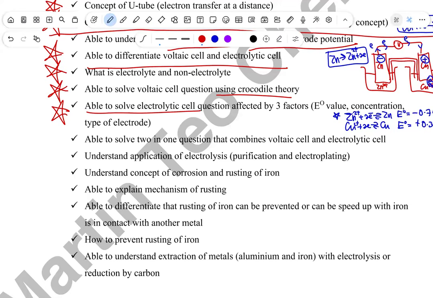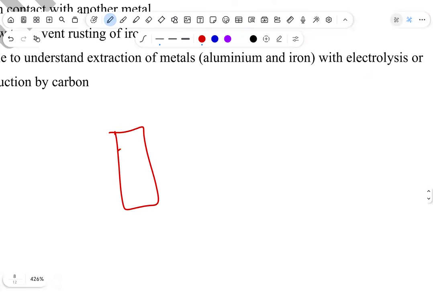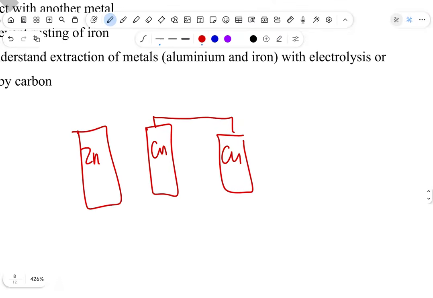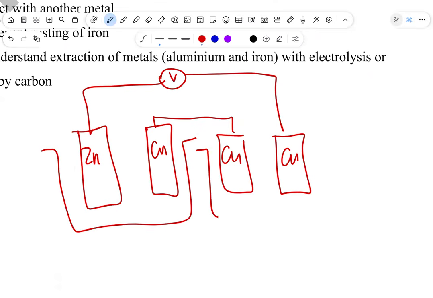So after that, we also learn about the two-in-one question. A two-in-one question can combine voltaic cell and electrolytic cell. These are the questions that 90% of students cannot do. Example, zinc, copper, copper, copper. So this is what we call a two-in-one question.